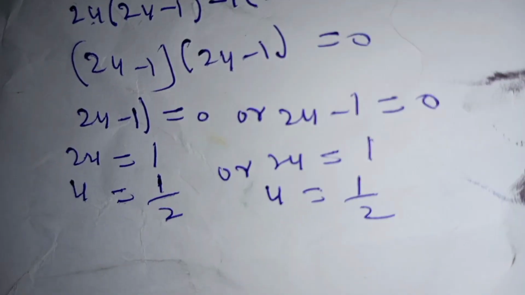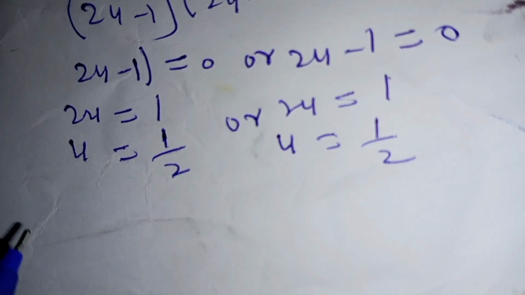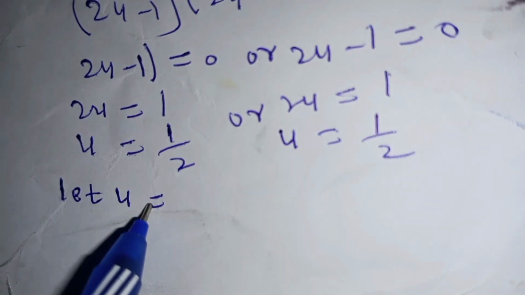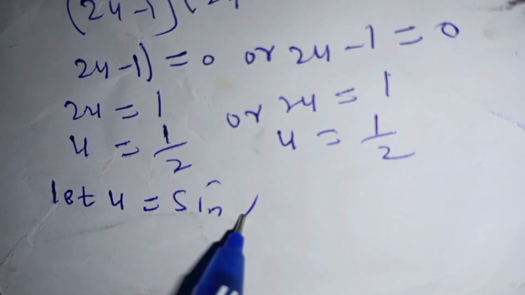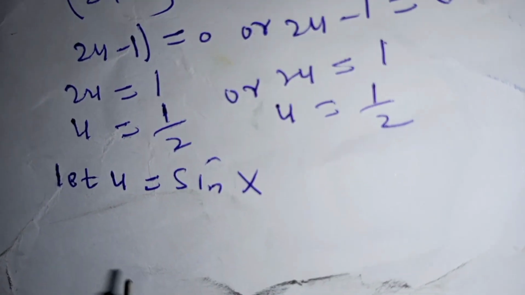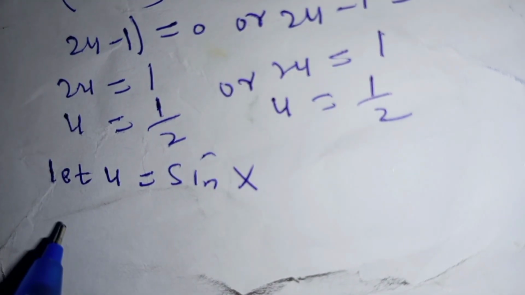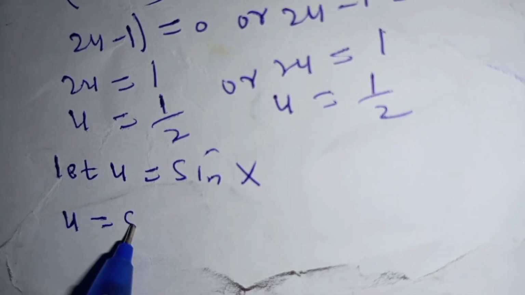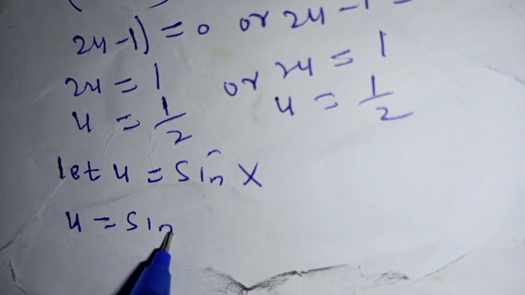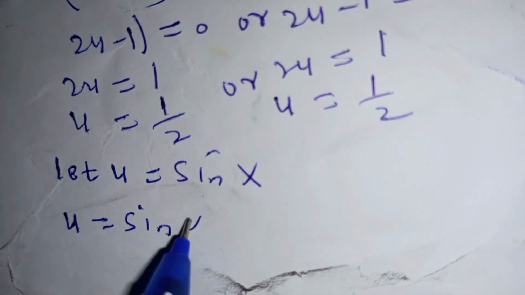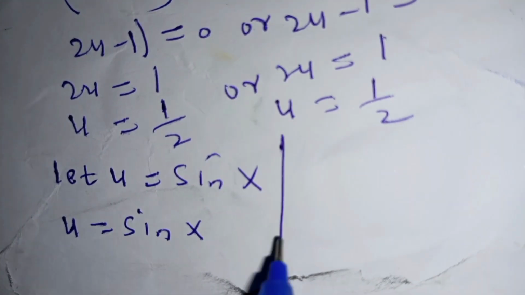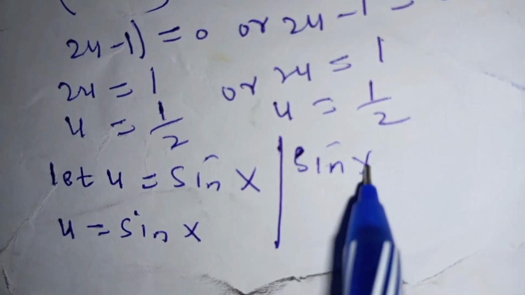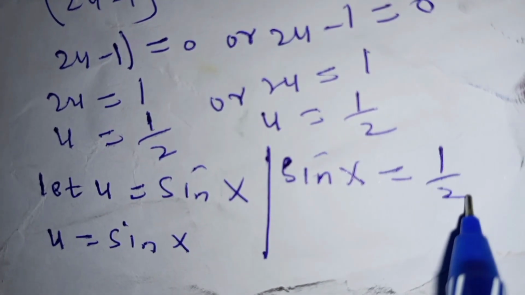Now we remember our substitution. We let our u be equal to sine of x. So our u is equal to sine of x, and we have found that u is a half, so sine of x is equal to half.